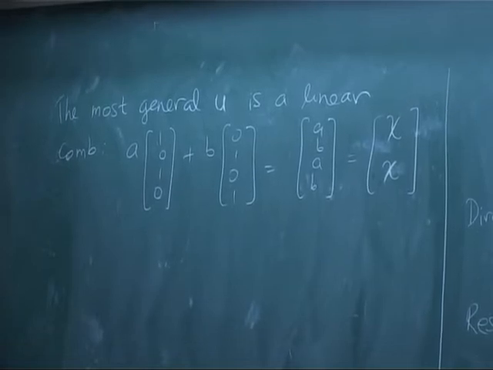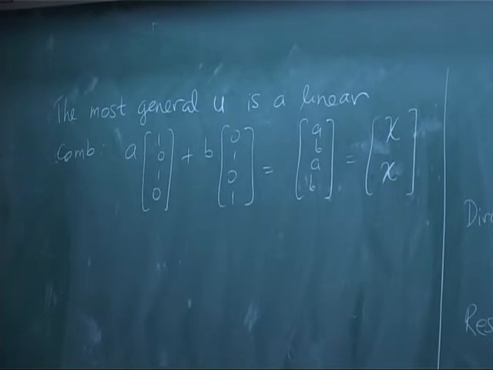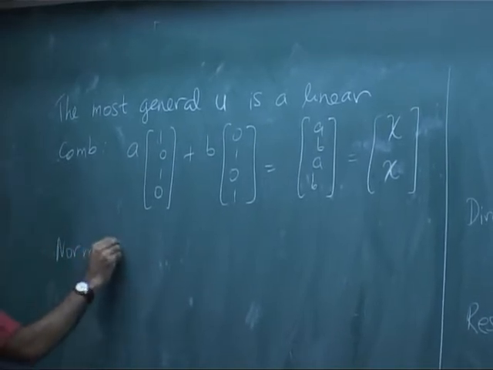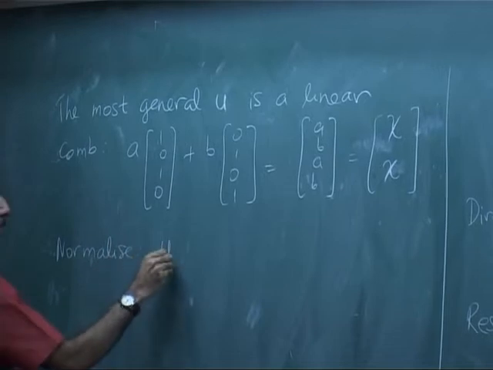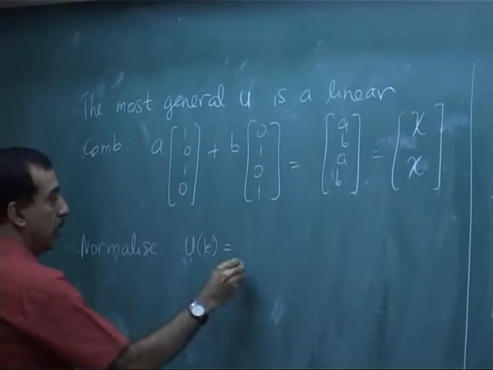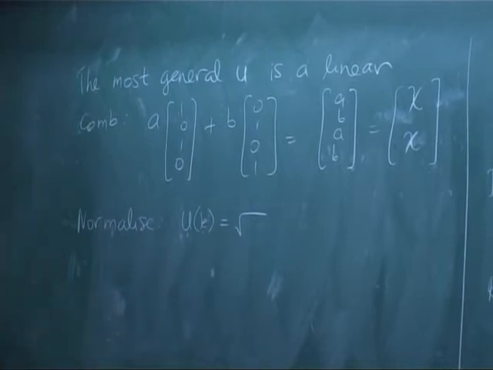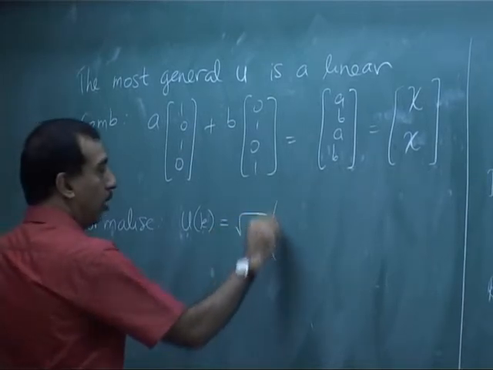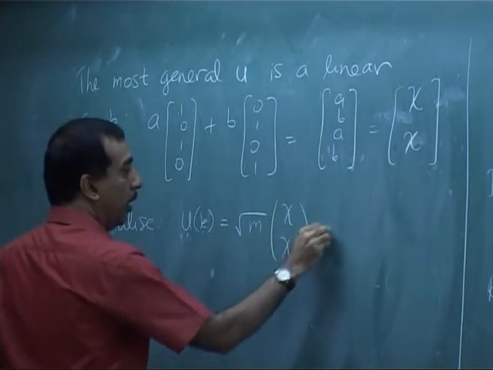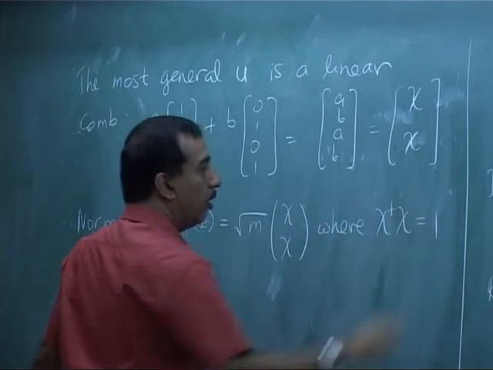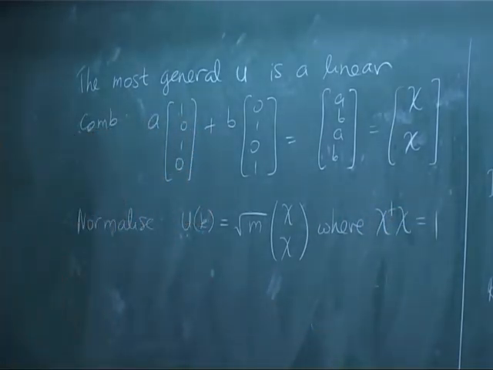Good. Now we should normalize u of k. So we normalize. This is very convenient for future calculations. So u of k we normalize as root m, or root 2m, root m chi, where chi itself is normalized to 1. You should be very clear where all the indices are.